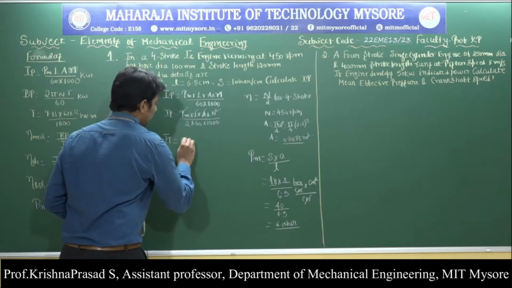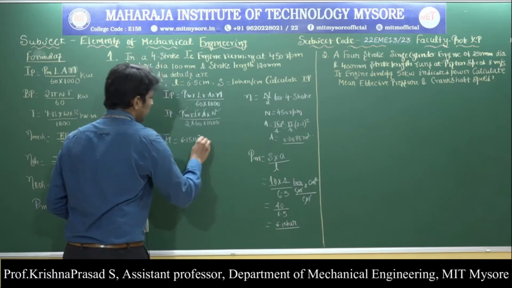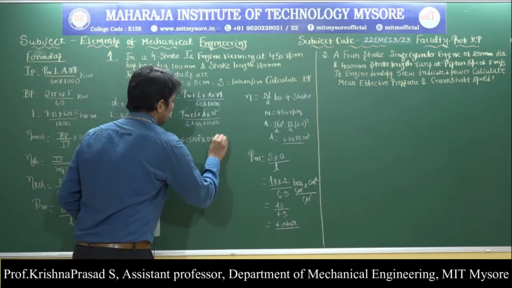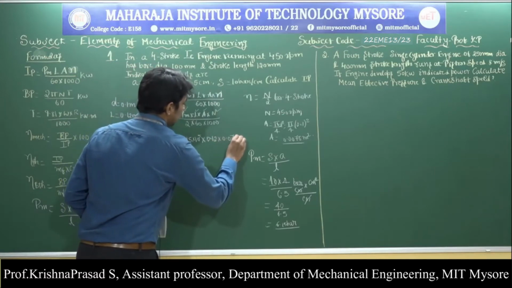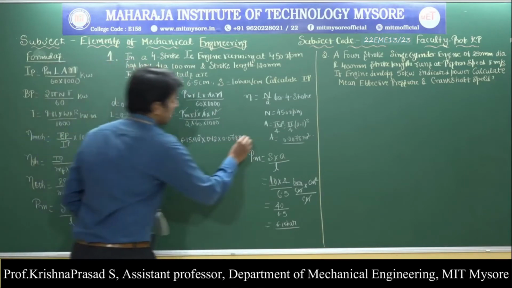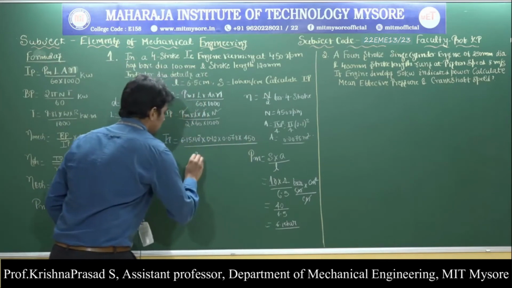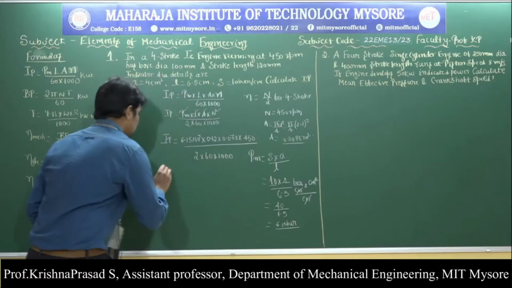PM is 6.15 bar, that is nothing but 6.15 into 10 to the power of 5. Then the length is 0.12, area 0.0078, N is 450 rpm, divided by 2 into 60 into 1000.